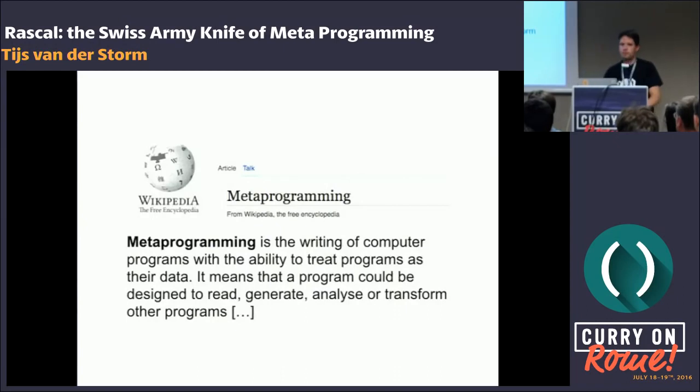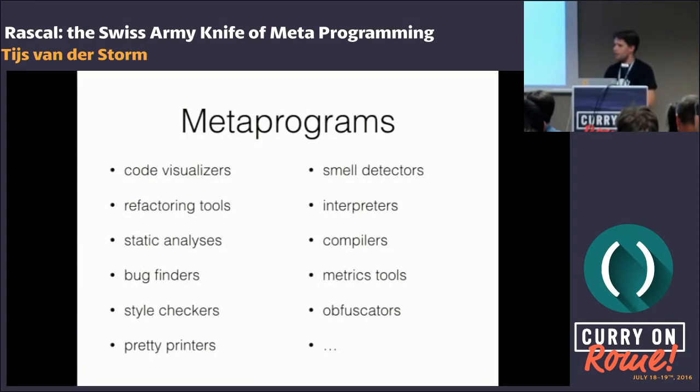If you look at metaprogramming on Wikipedia, it actually has a quite nice, quite general definition. It's basically programs that consume, process, or analyze and maybe produce other programs. So it's really just programs where some kind of code goes in and something else comes out, and sometimes this is also code, right? These things are quite well known within software development.